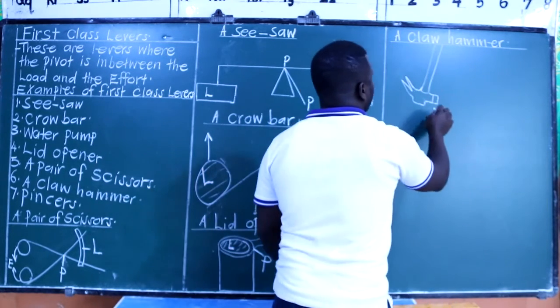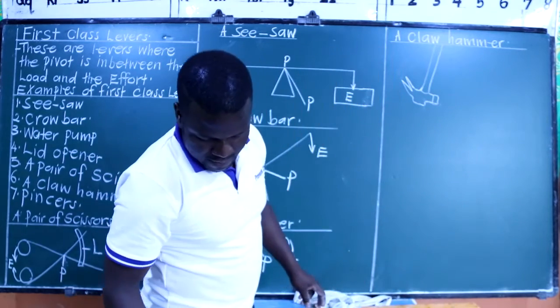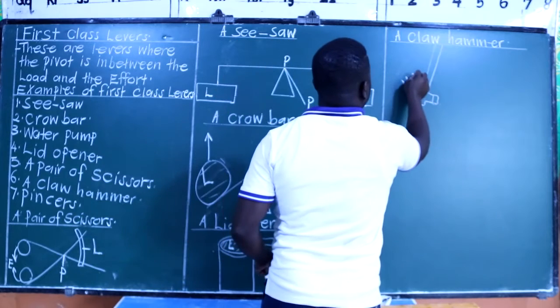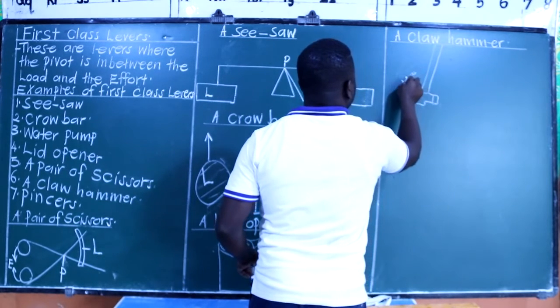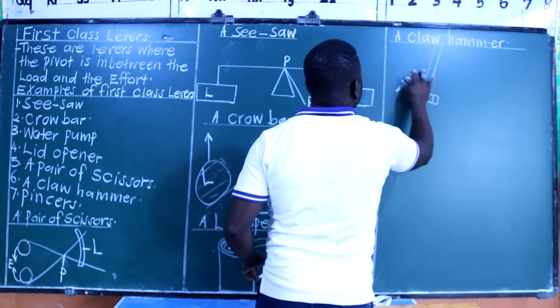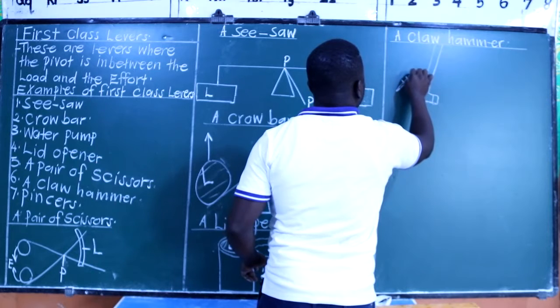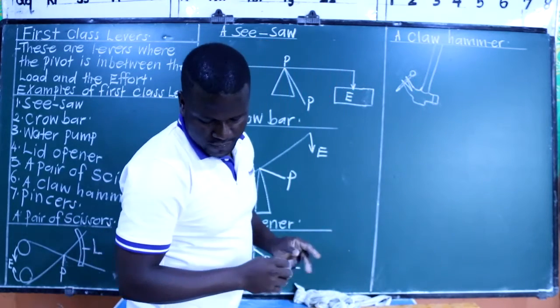So that one is called a claw hammer. And with this claw hammer, we have the load there. So this is the load.